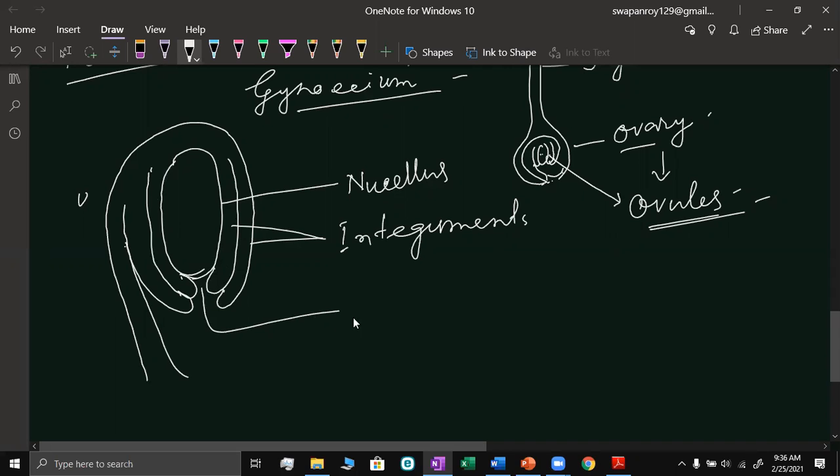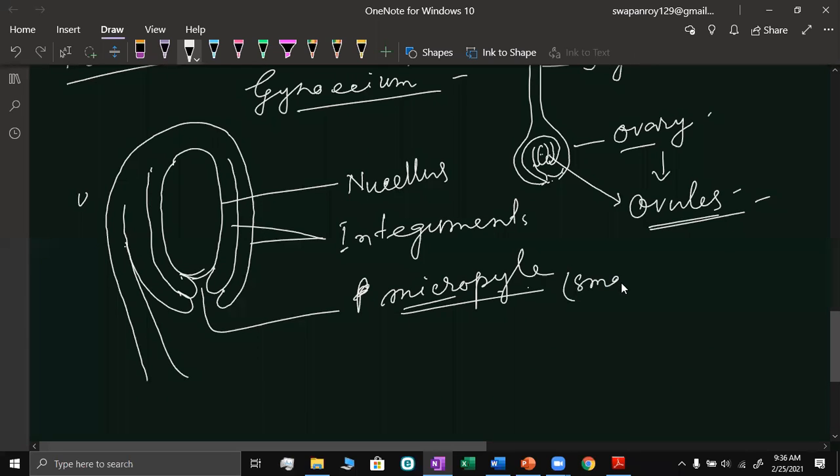This opening is known as micropyle. Micro means small, and micropyle means a small opening or a small door.